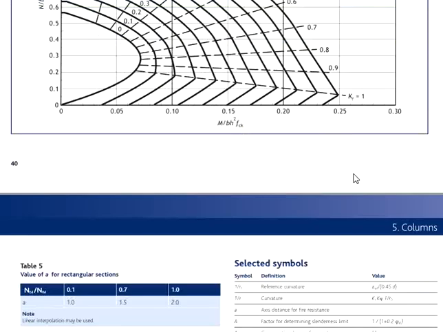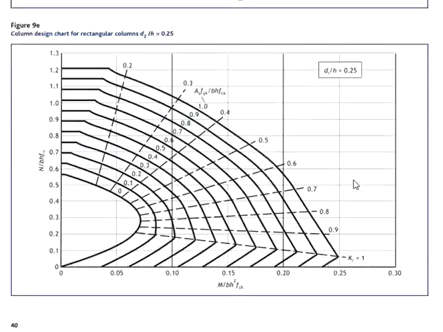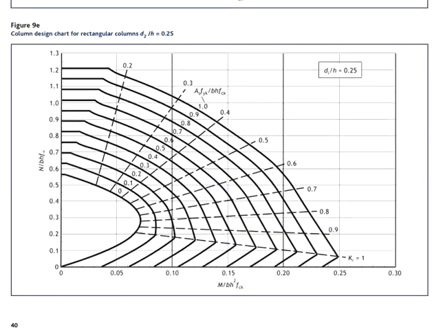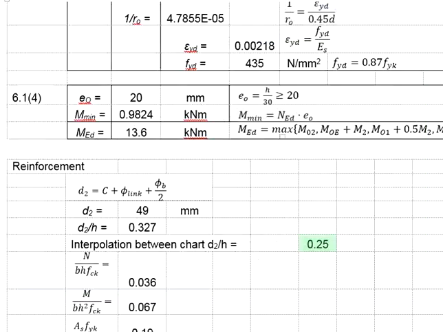Now if you refer to the series of charts here, the largest value will be 0.25. You don't have any chart beyond 0.25. In this case, you can use the D2 per H ratio of 0.25 as the basis for you to do the design.